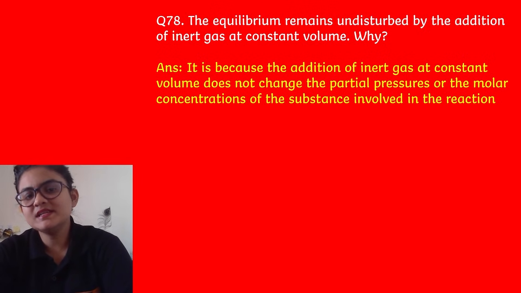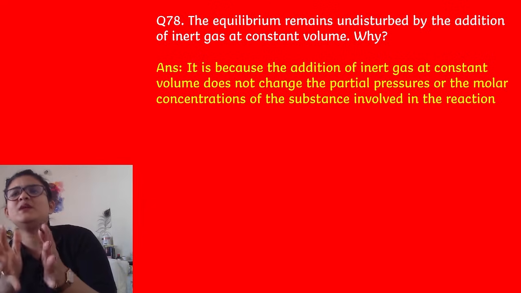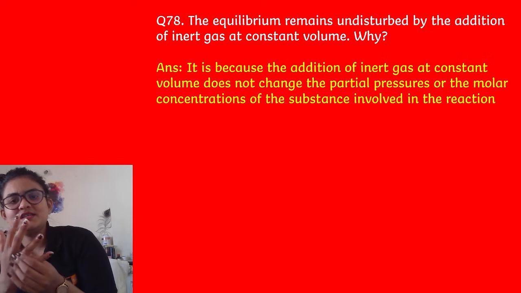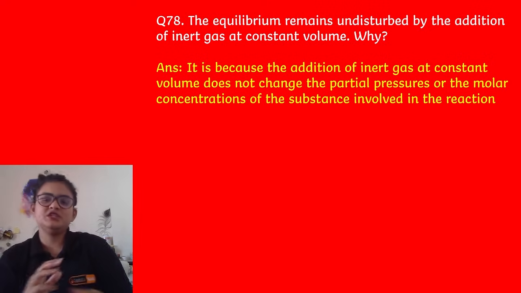So the reason is basically it is because the addition of inert gas at constant volume does not change the partial pressure. Okay, why? Because whenever the gas is inert, it will not react, right? So that's the reason, it will not change the partial pressure or the molar concentration of the substance involved in the reaction, because it will not take part in the reaction if the volume is fixed, right? So that's the reason it will not disturb the equilibrium condition.